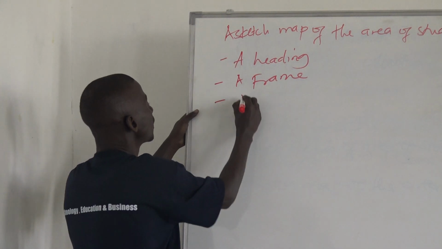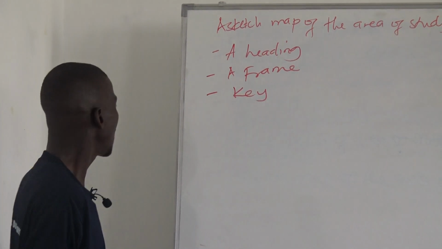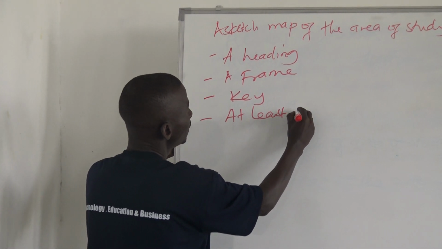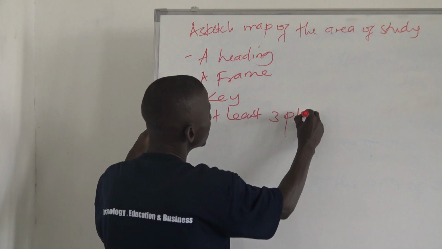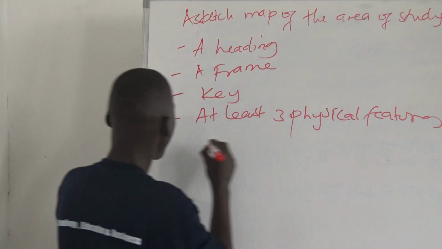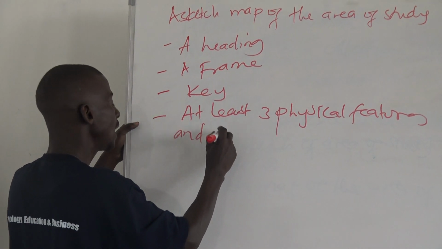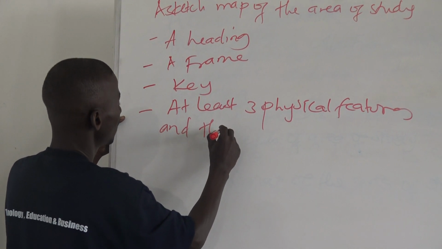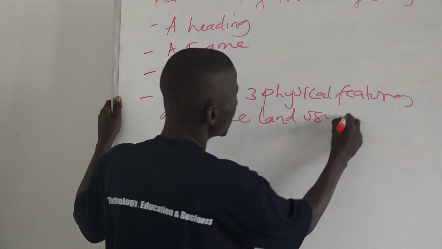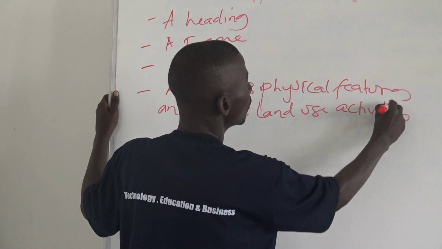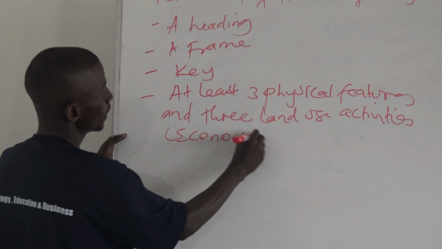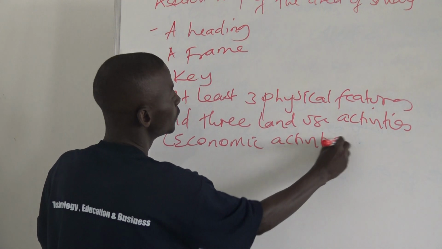It should have a key and should give at least three physical features and 3 land use activities, or what we call economic activities.